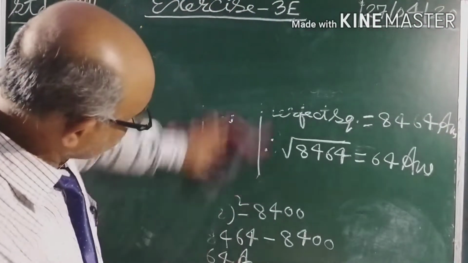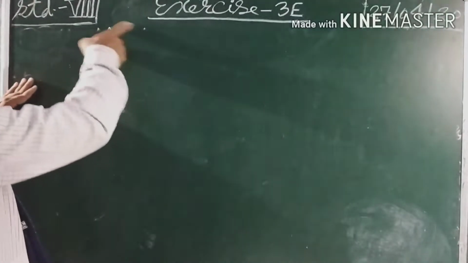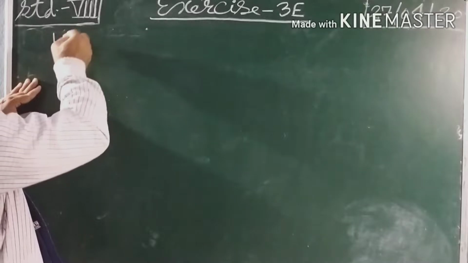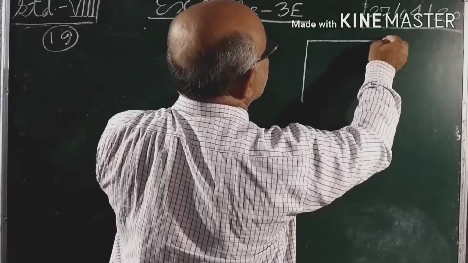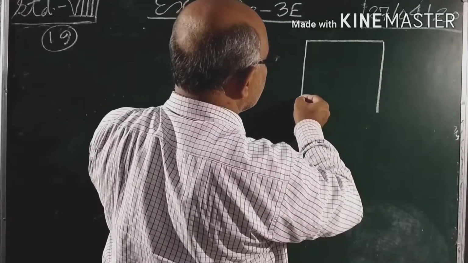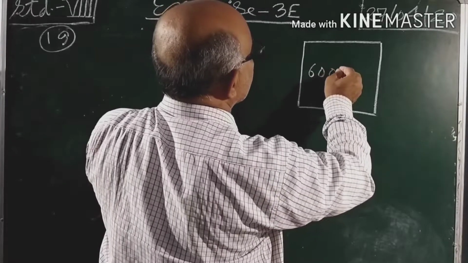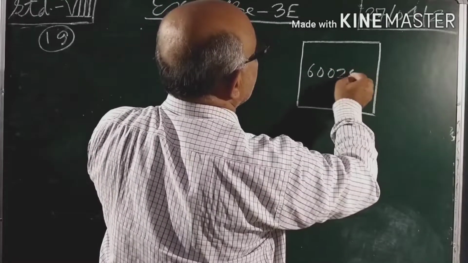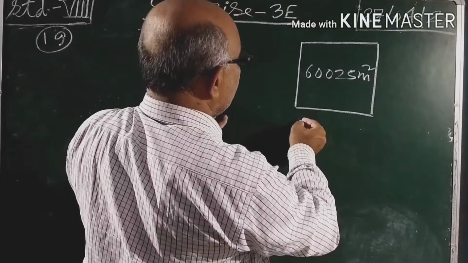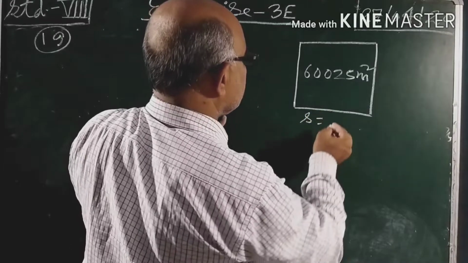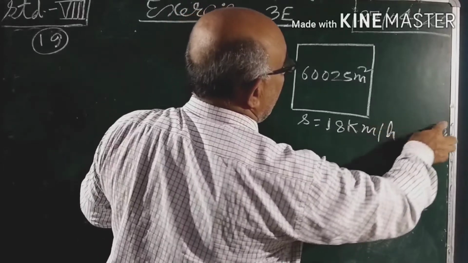Question number 19. Care here of question number 19. In question number 19, a square field, the area of this square field is 60,025 meter square, and the speed of a cyclist is 18 kilometer per hour.